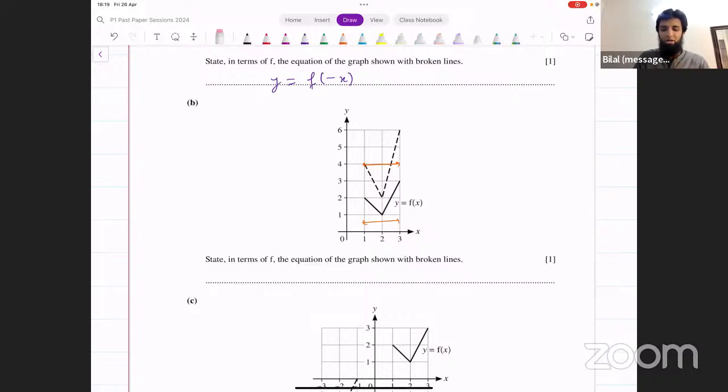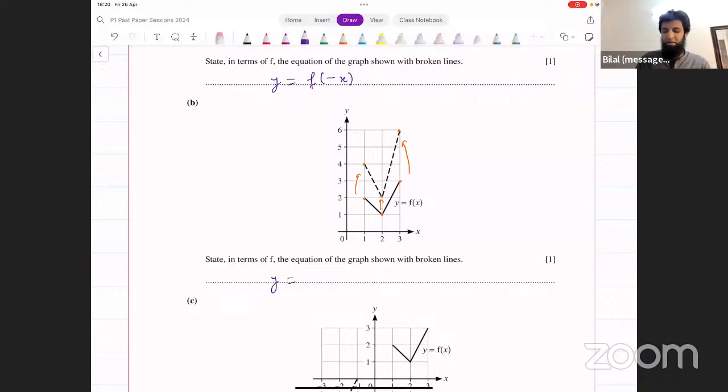So horizontally, there's no stretch. Vertically, it was 2 units earlier, and now it becomes 4 units. So that's a vertical stretch by a factor of 2. You can see the point at 1 has gone to 2, the point at 2 has gone to 4, the point at 3 has gone to 6. That's a vertical stretch, scale factor 2.